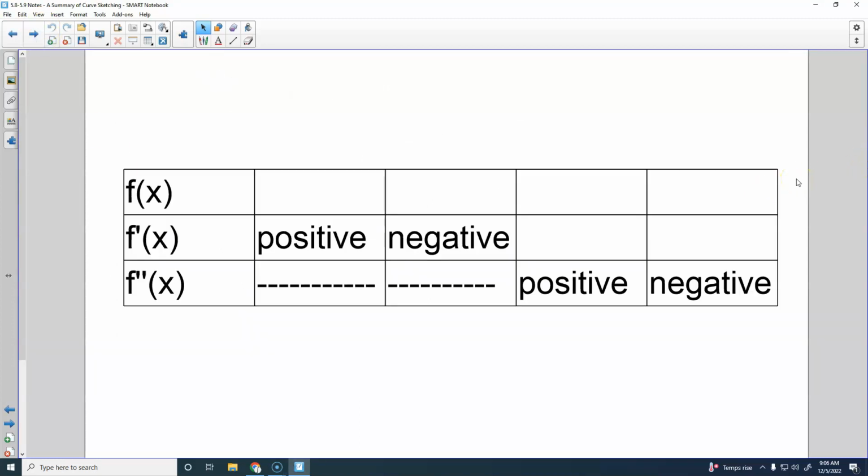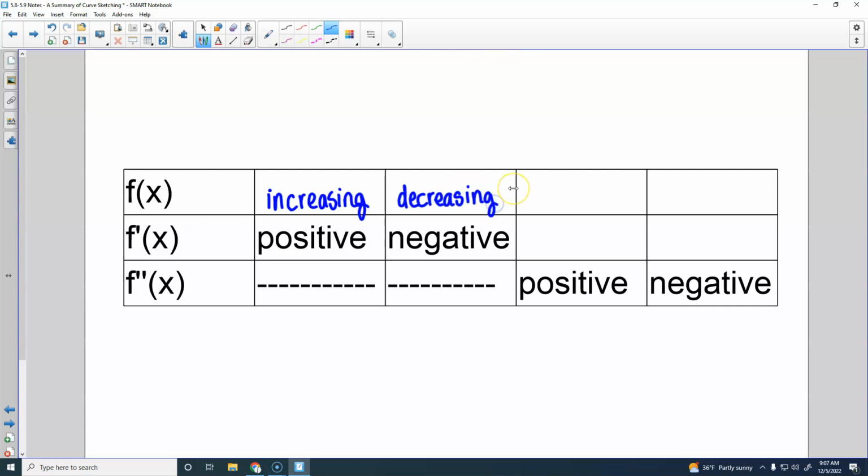Now, this chart right here, I draw often to help me remember how everything relates, right? So if we know a derivative is positive, what does it tell us about the function? It is increasing. And if we know that a derivative is negative, it tells us that that function is decreasing.